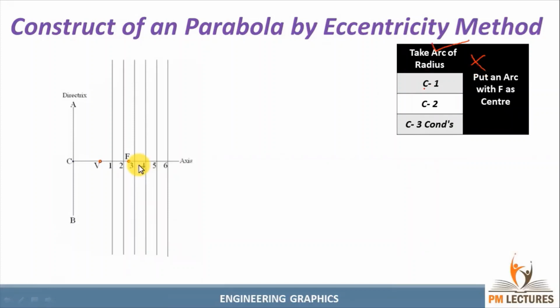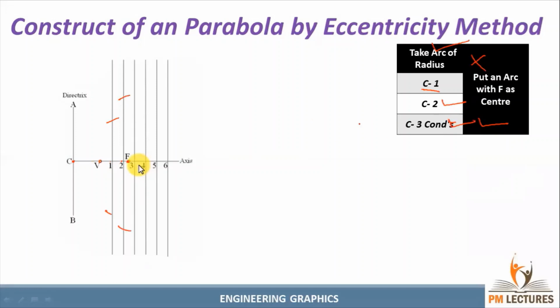So take a compass and measure the distance C to 1. After measuring, put an arc with F as center. Keep one leg of your compass on F and make an arc both up and down. Similarly, measure C2, with F as center, make an arc. Continue the same step: measure C3 and with F as center, make an arc.